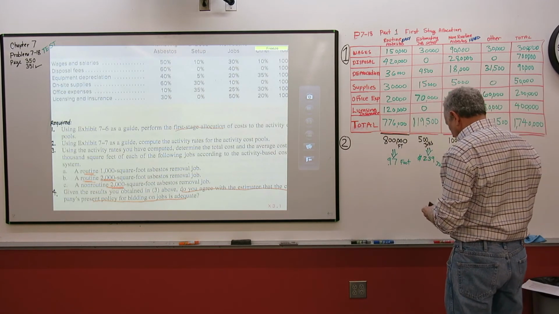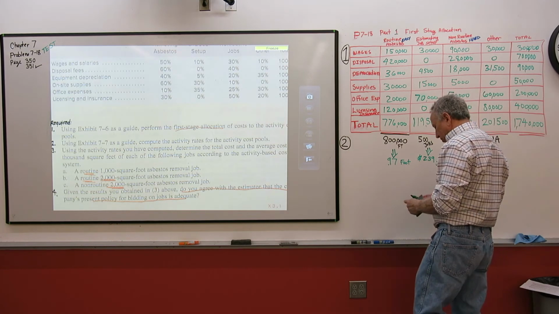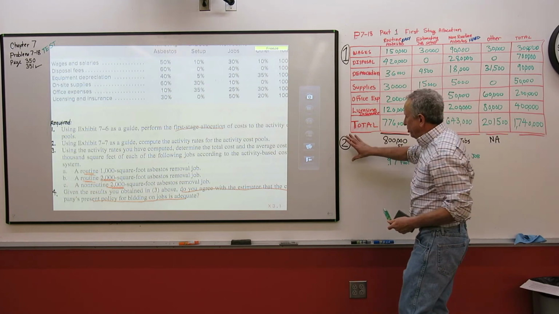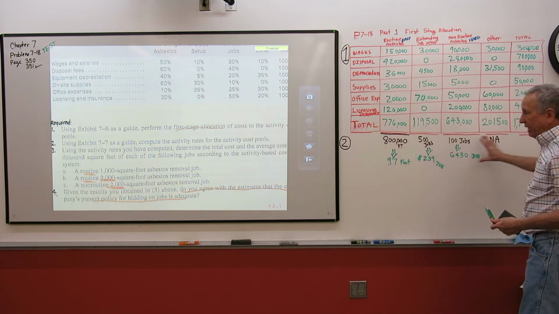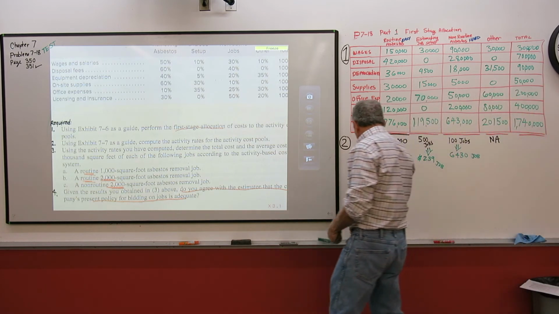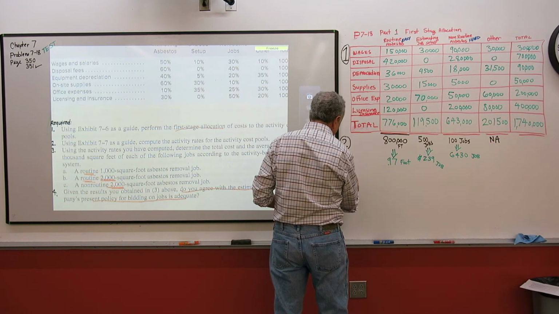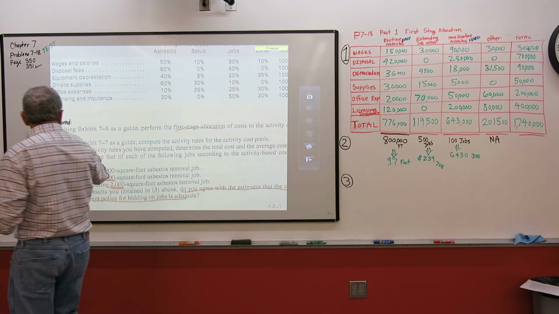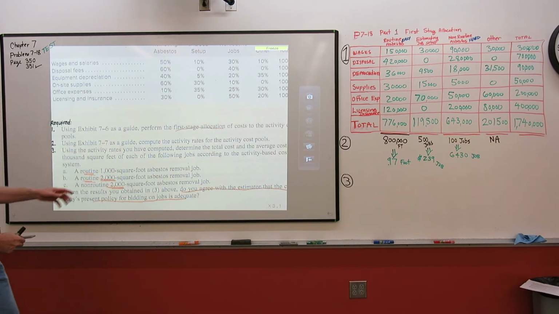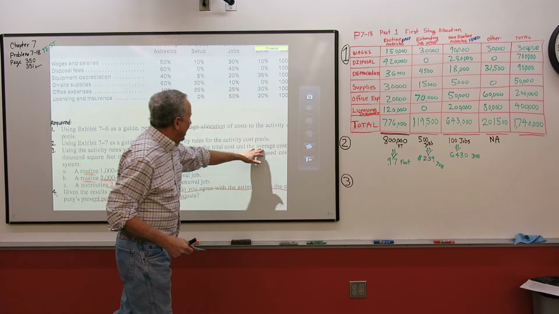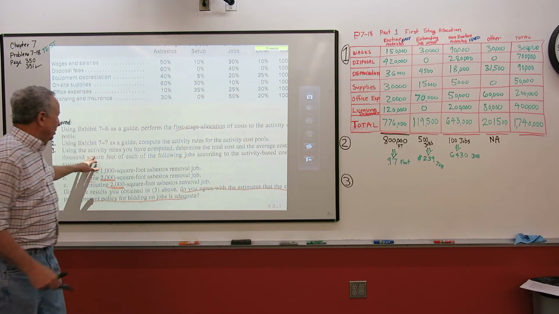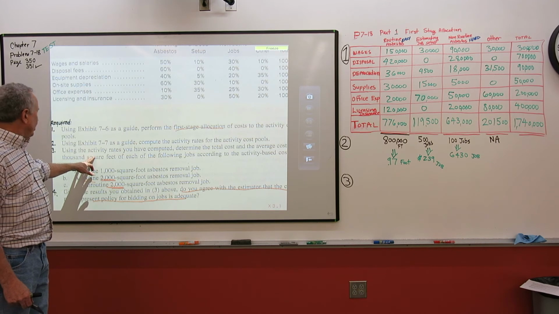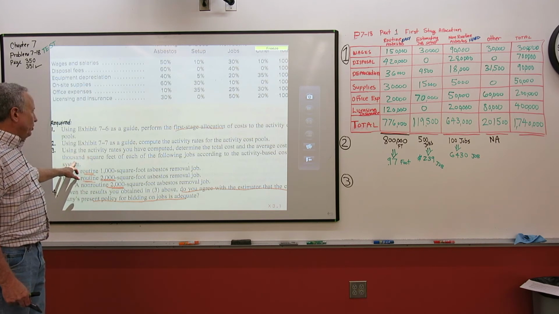All right, great. Now what do they want us to do? That's part 2. This, again, is first stage allocation, computing the activity rates to cost something out. And 3, let's see what they want us to do. 3, using the activity rates you have computed, determine the total cost and the average cost for each of the following jobs.